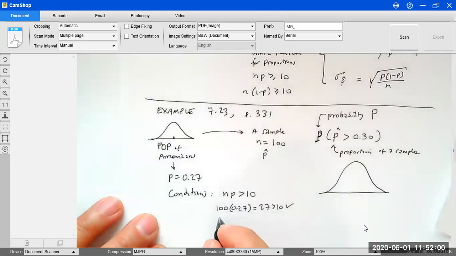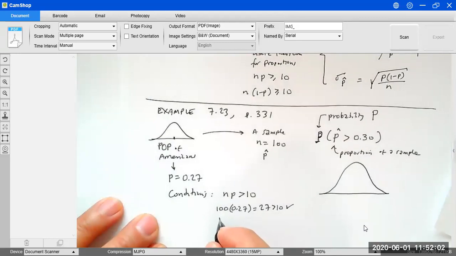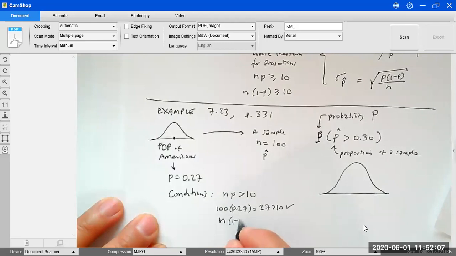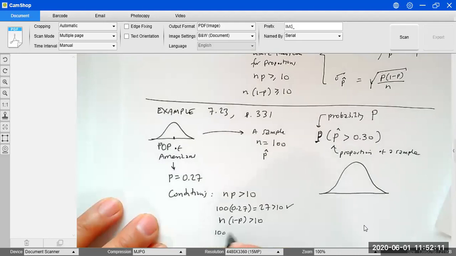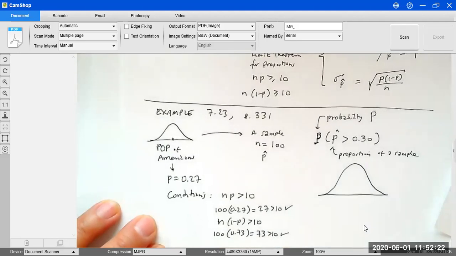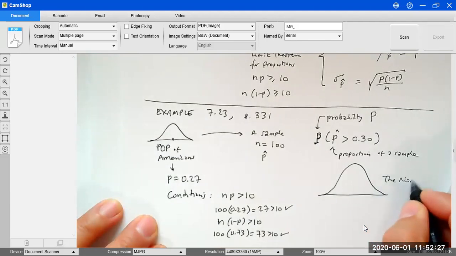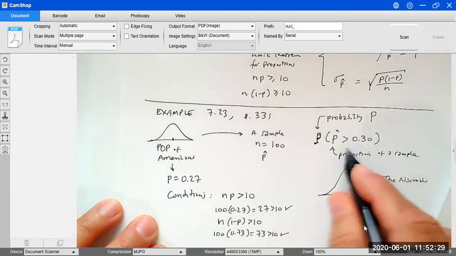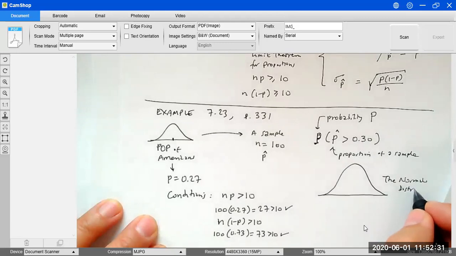The other condition is n times 1 minus p should be greater than 10. We have 100 times 0.73, which is 73, and that's greater than 10. So those conditions are satisfied. That means we can use the normal distribution to find the probability we are looking for.